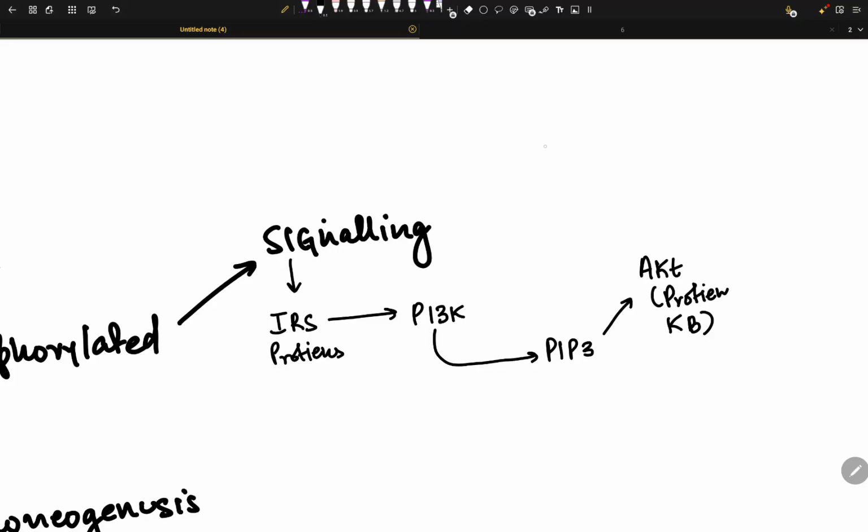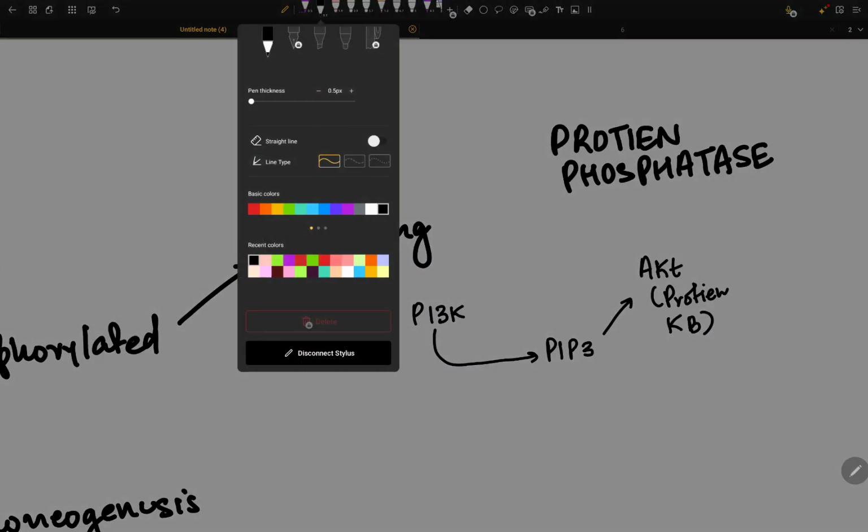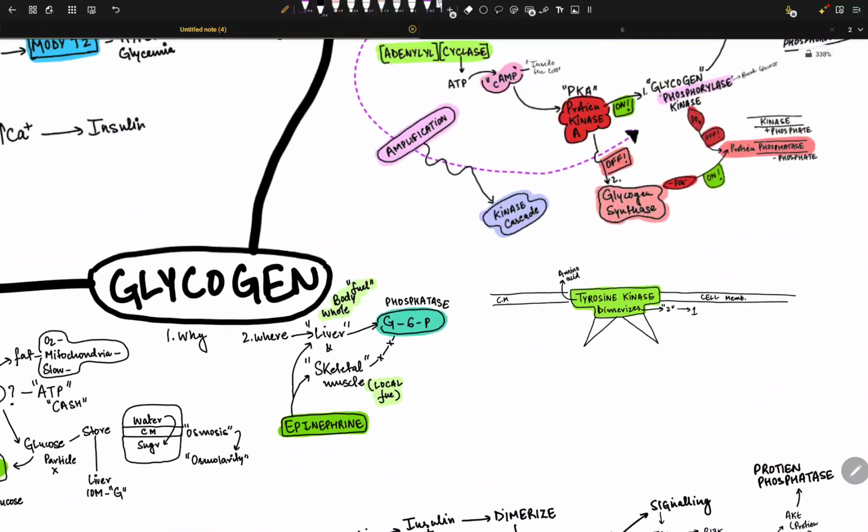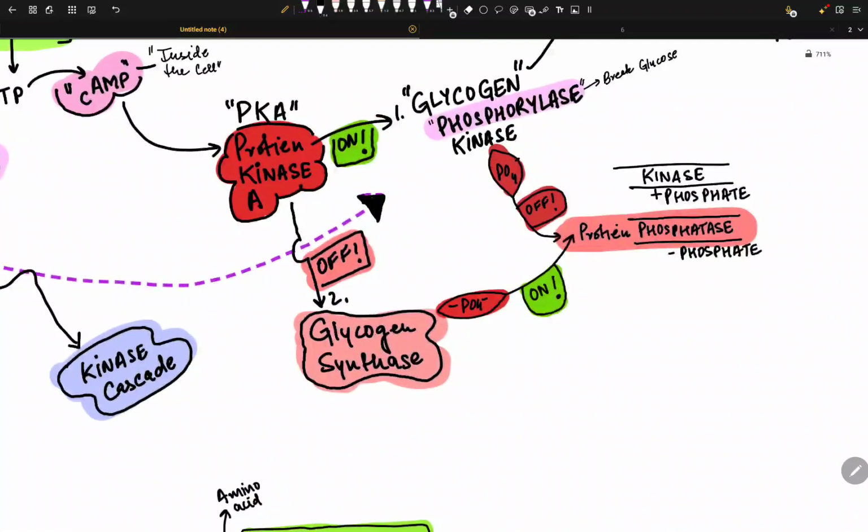The main thing is that eventually everything will lead to protein phosphatase activation. As you saw in the last video, protein phosphatase removes the phosphate from both enzymes, glycogen phosphorylase kinase and glycogen synthase.